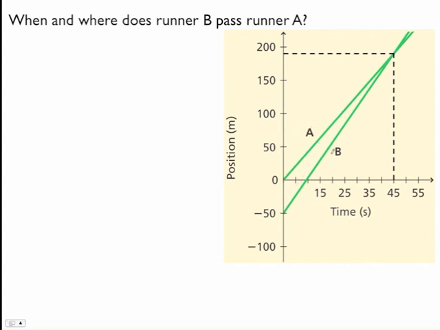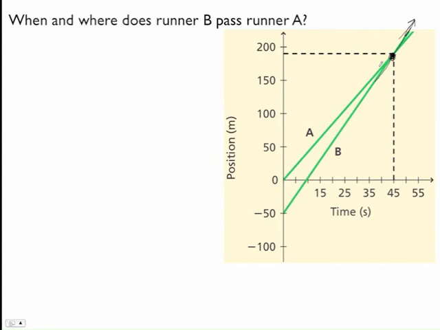So they have runner A and runner B, and they want you to find where runner B passes runner A. You can see runner B starts 50 meters behind runner A, and then runner B is a faster runner, so at this point right here, where the two lines cross, that's where runner B overtakes runner A. From this point on, runner B will be in front and runner A will be behind.